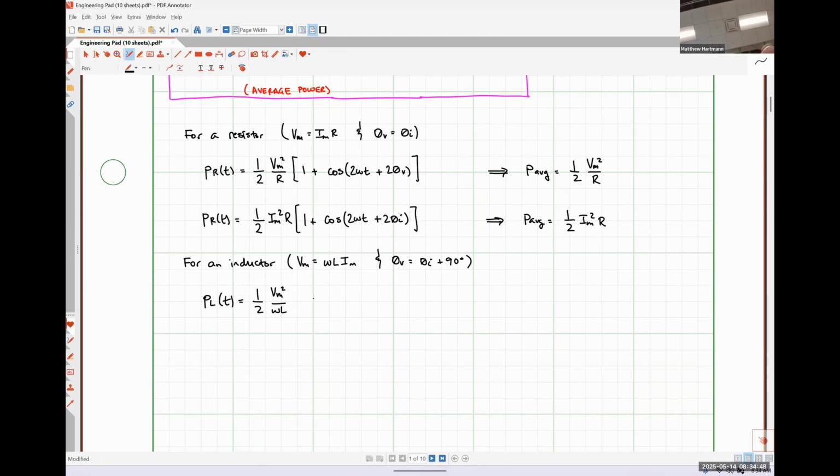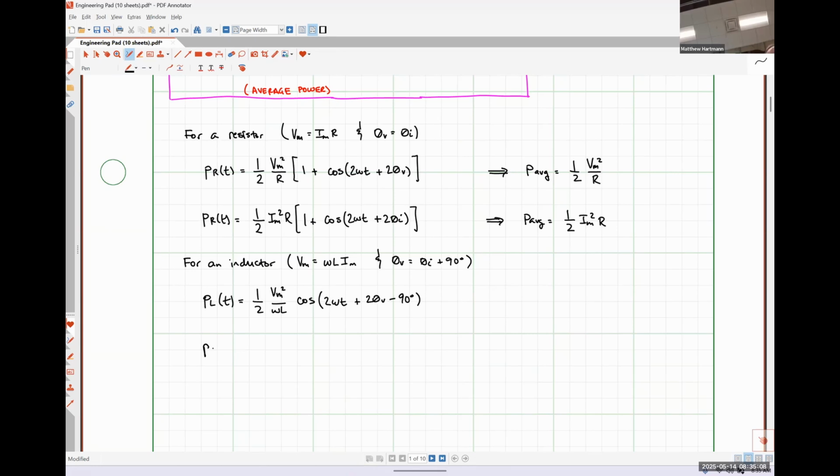So if I keep on going here, I have 0 for my average power. So I'll move on to the AC portion. So that'll be cosine twice omega t plus twice theta V minus 90 degrees.